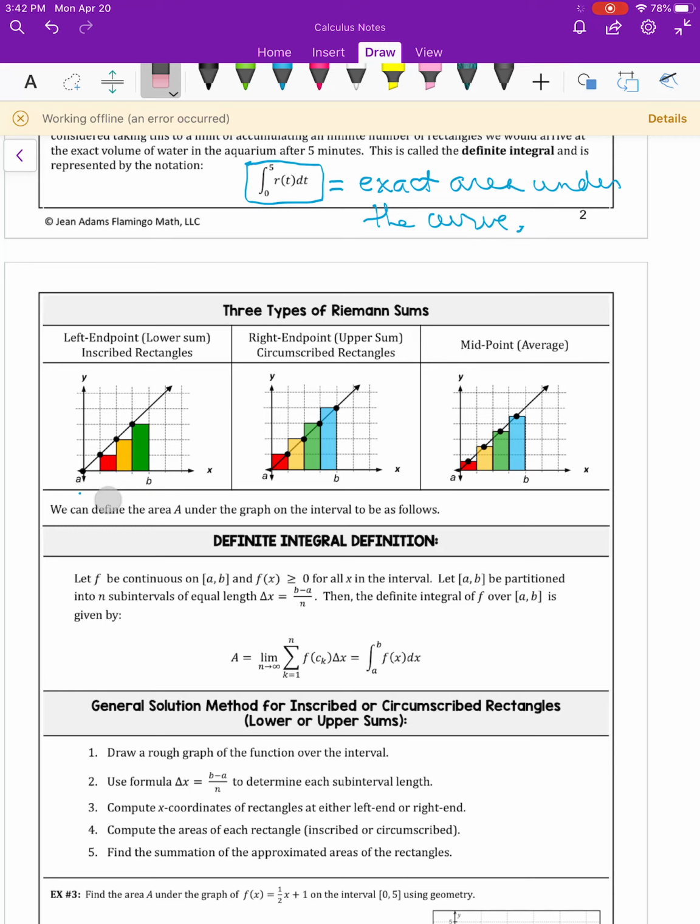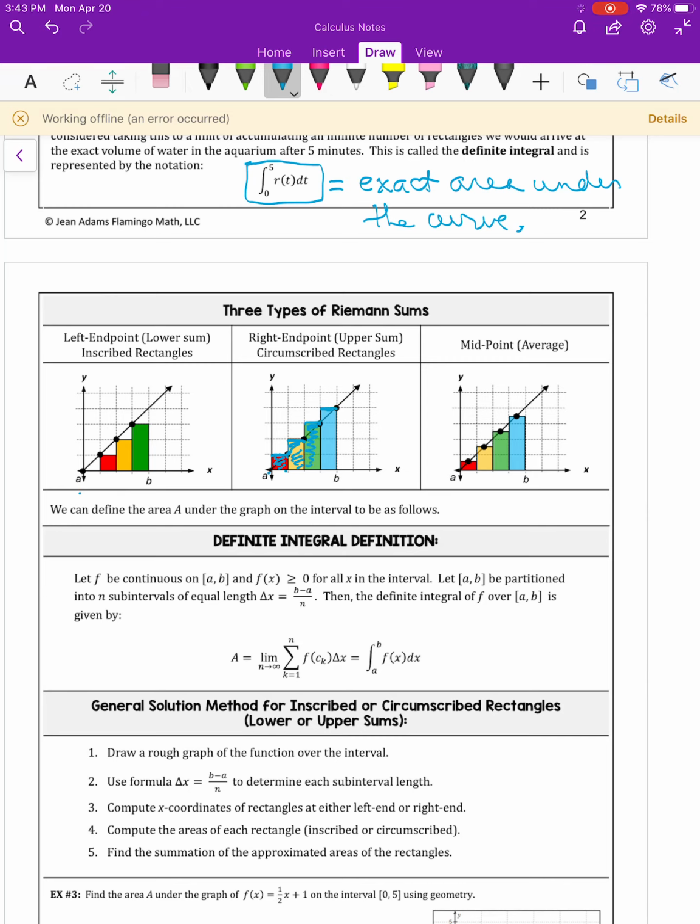But notice that you've got either this side or this side, and you chose left, and you went over. You chose left, you went over. So that's how that one is going to work.